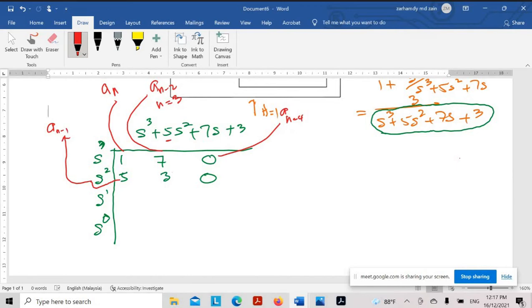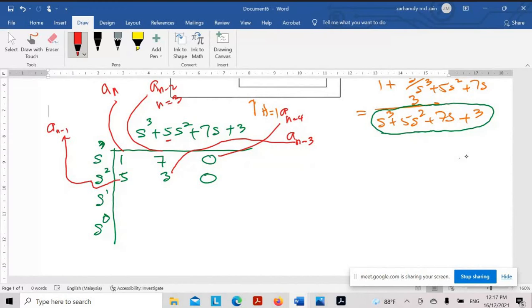So 3 is AN minus 3. So it means we have the coefficient of S power of 0.